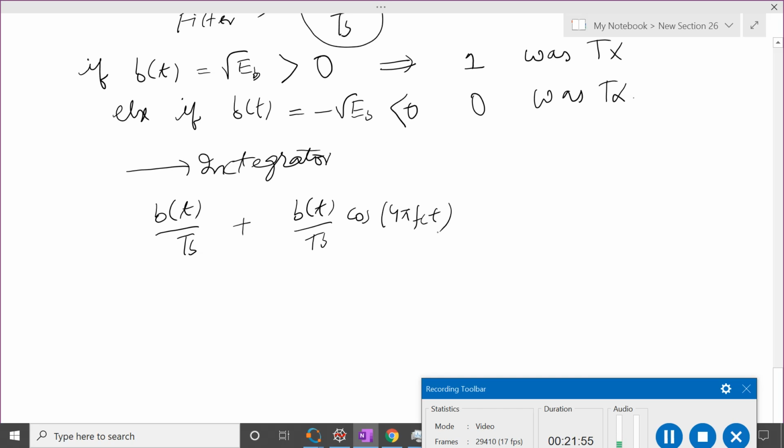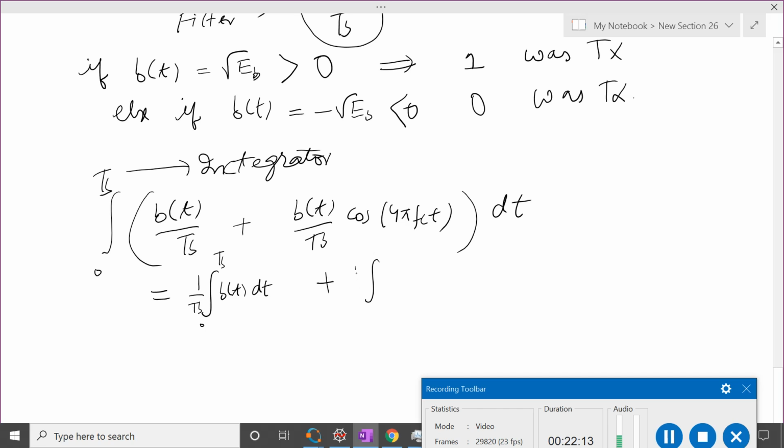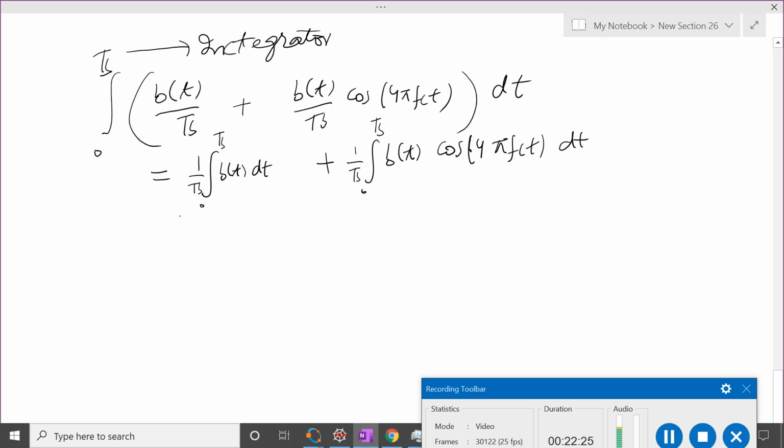If you integrate this from 0 to TB, dt, it will be the integral 0 to TB of B of t dt plus the integral 0 to TB of B of t cos 4 pi FCT dt. B of t is either plus or minus root EB, so that's constant. So there will be TB only here. Similarly here, this plus or minus root EB will come out.